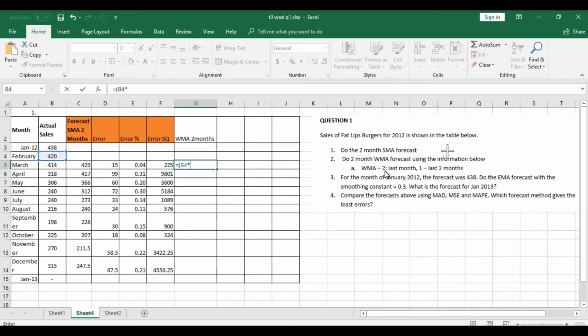Here the question says 2 for the last month and 1 for the last 2 months. So for the last month, which is February, we will multiply it by 2, plus the month before, it was 1, divided by the sum of wedge, which is 2 plus 1, 3.